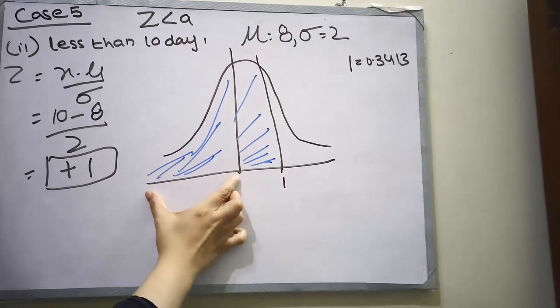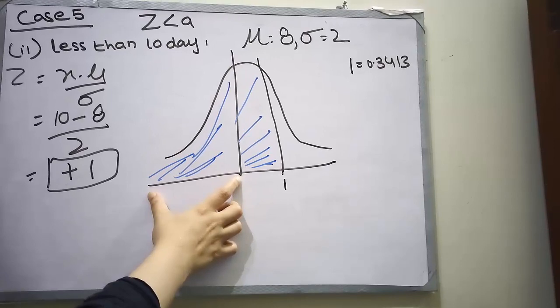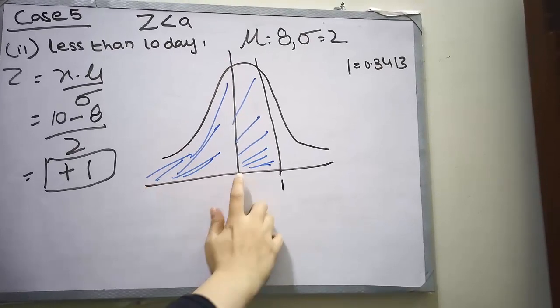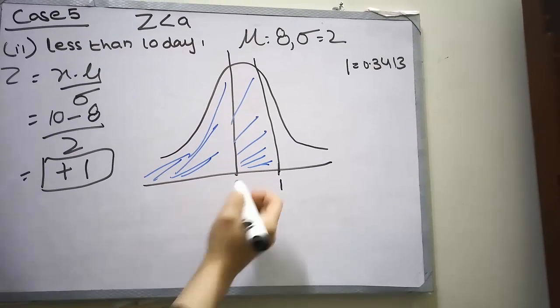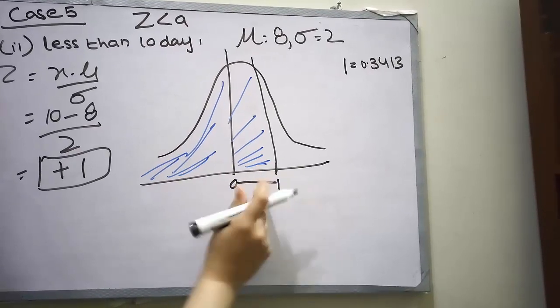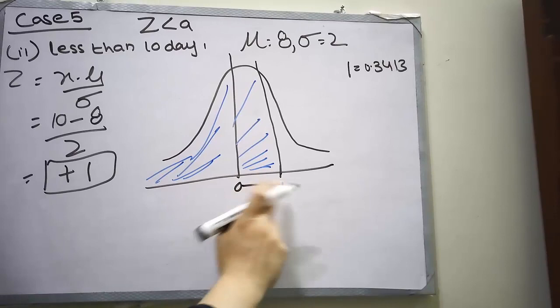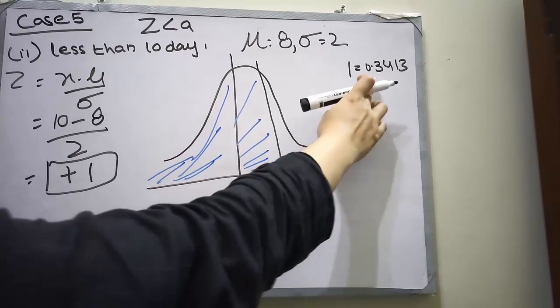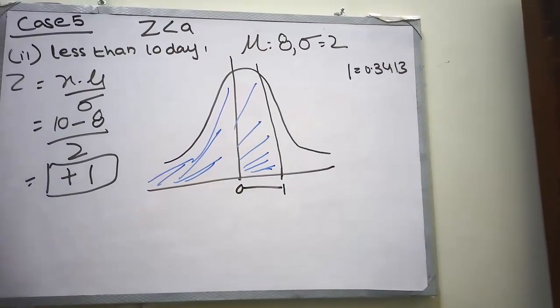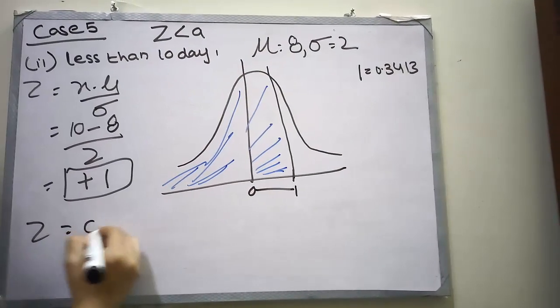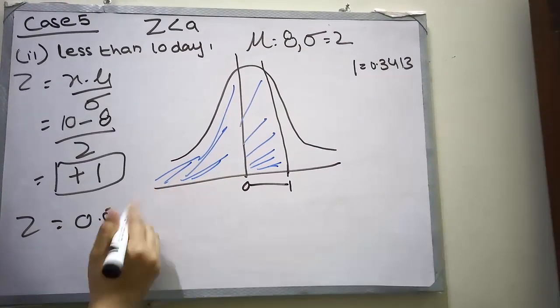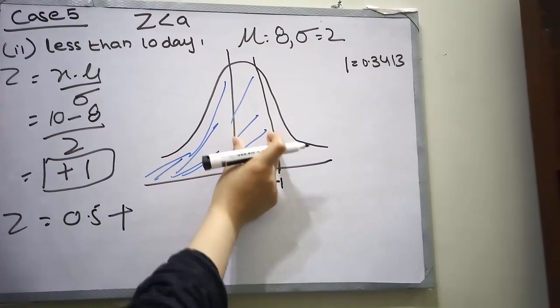We know that half of this area is equal to 0.5, and to 0.5 we will add the area from 0 to 1, and this value is given in the graph or in the question. The value of 1 is given as 0.3413. So we will add this half value 0.5 plus this value.